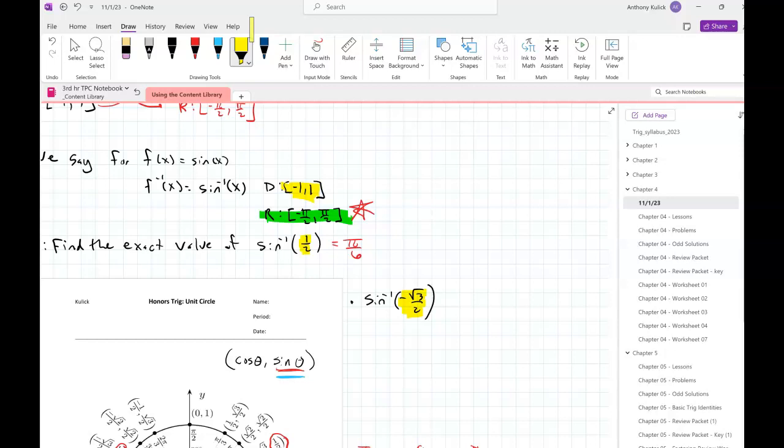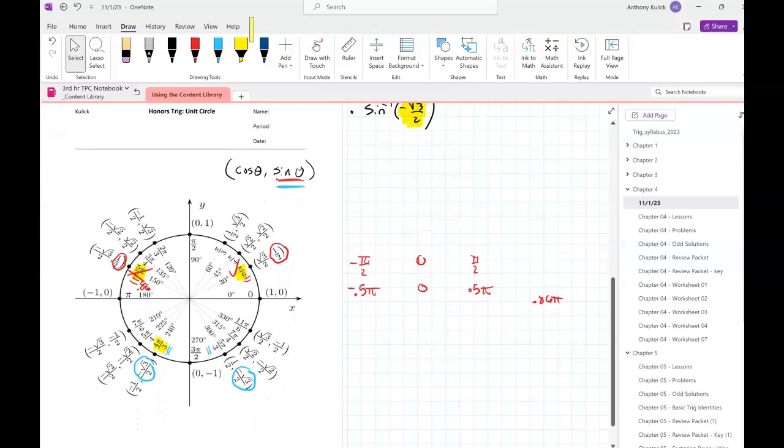It was -0.866, so it's fine, right? So then I'm going to go to my unit circle, and because we're looking for sine inverse, I'm looking at the y coordinates that are -√3/2, and I see that happen twice.